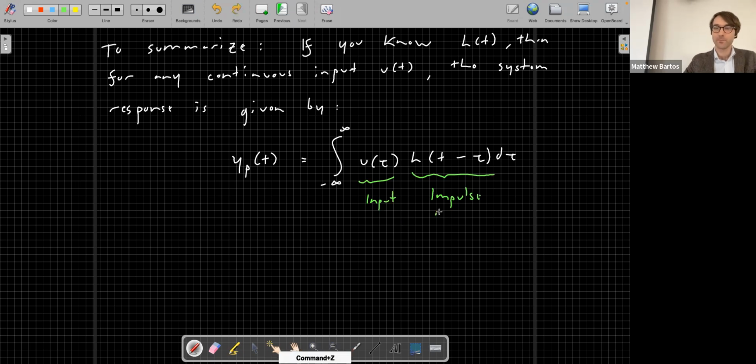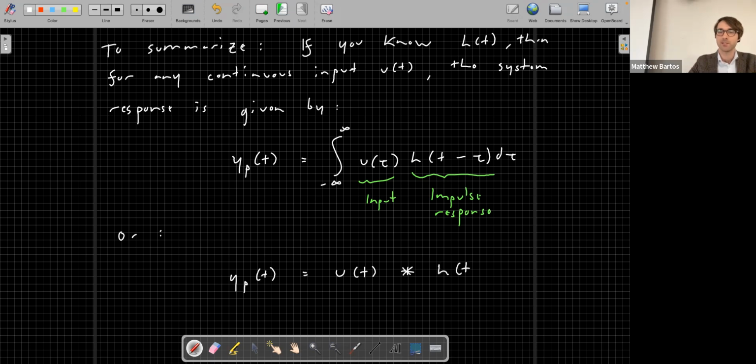And this operation inside the integral is called a convolution integral. So when people talk about convolution as in convolutional neural networks, this is exactly the same thing. Often this will be expressed as follows. You'll often see convolution represented using the notation u of t star h of t.